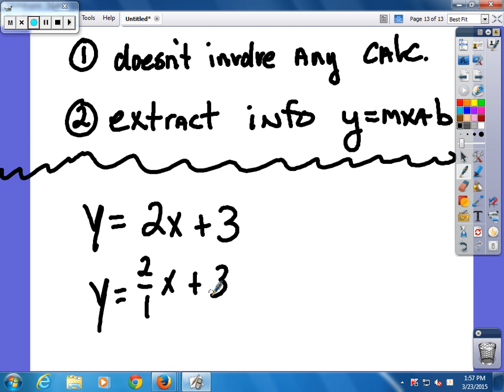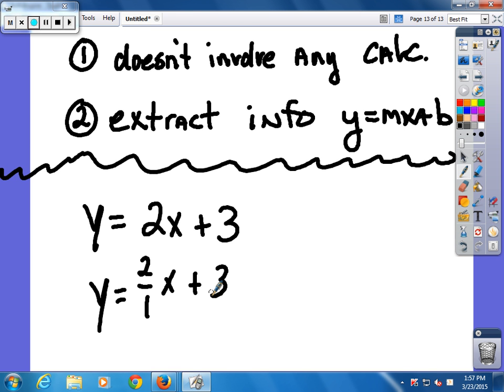Why did I put 2 over 1? Because 2 is a whole number. And what is the slope? Vertical over horizontal. So you have to have 2 numbers here. And if it's a whole number, you just put it over 1. If it's a fraction, you leave it alone, and that's your vertical over your horizontal.